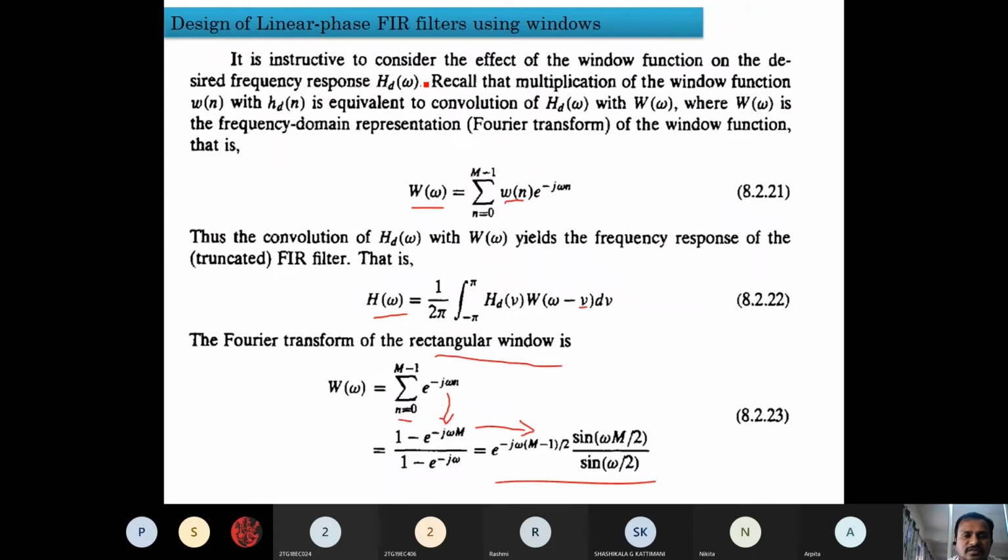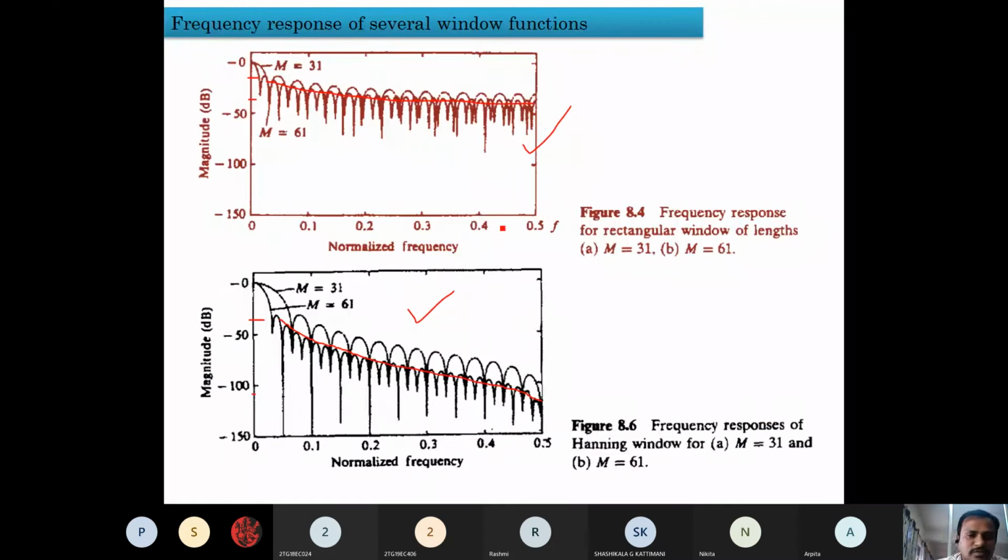We just explain these things, the equations, how we are calculating, and show graphs. It is in experiment number 7, you come to know how all these windows will be available.